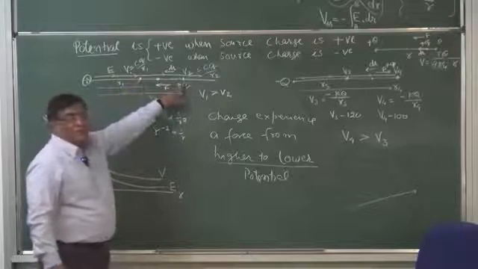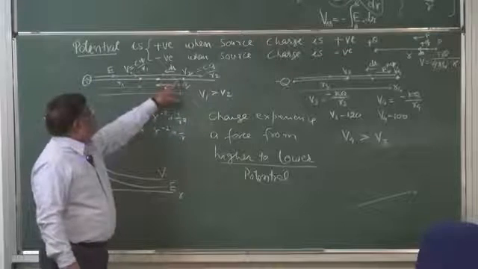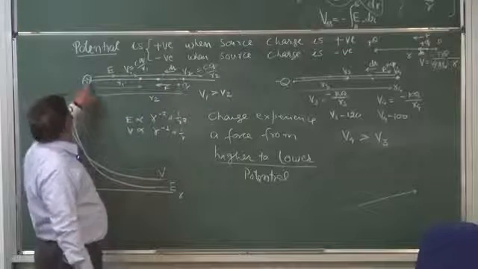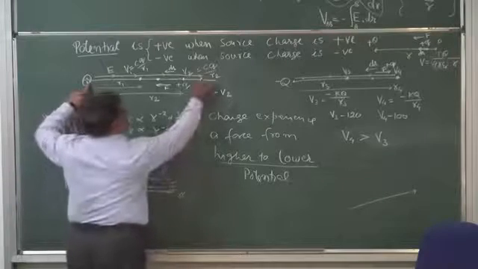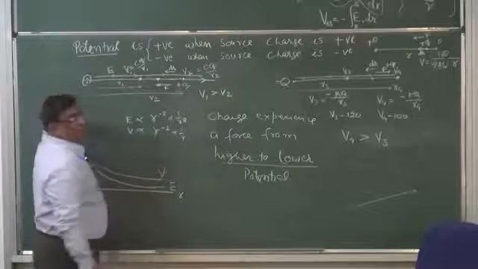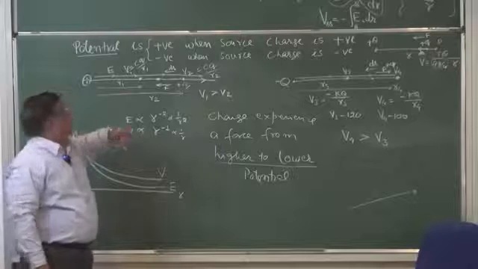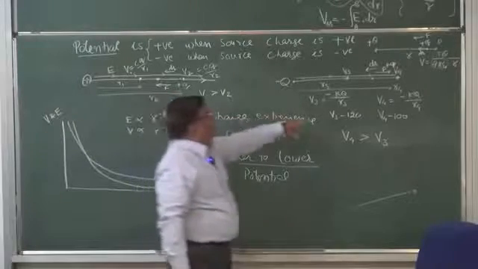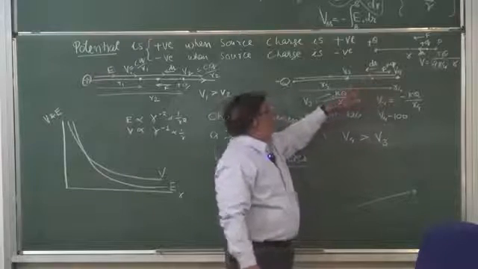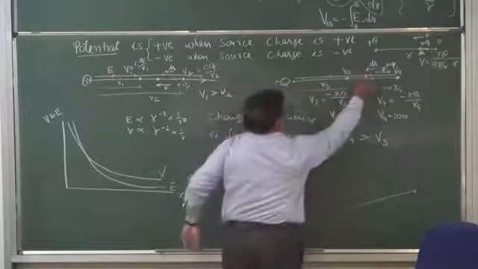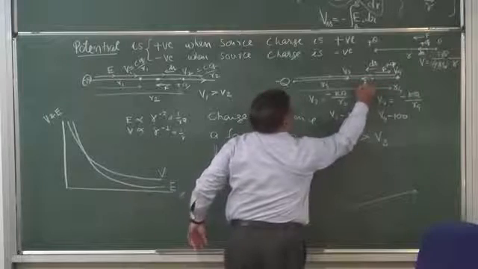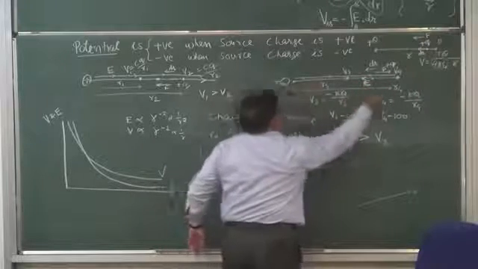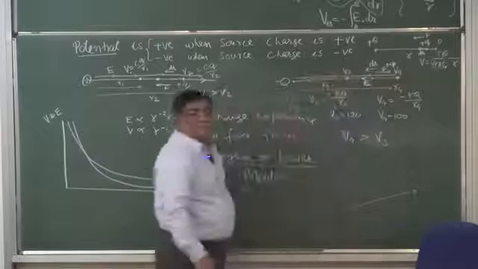So the direction of electric field is always from higher potential to lower. Here this is higher, this is lower. Then the direction of electric field is in this direction, E.